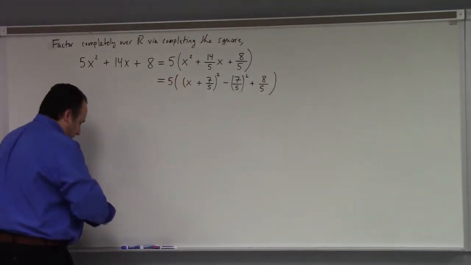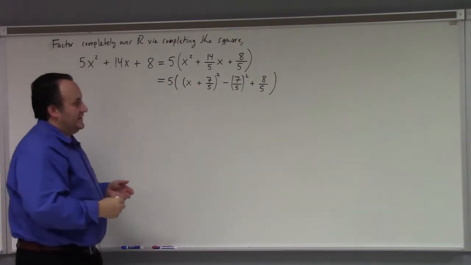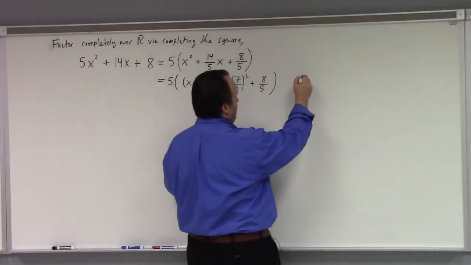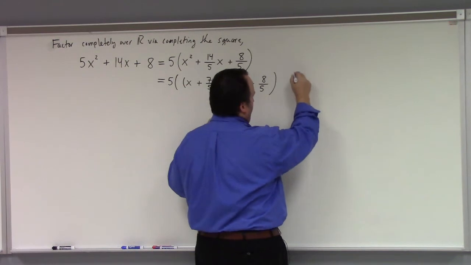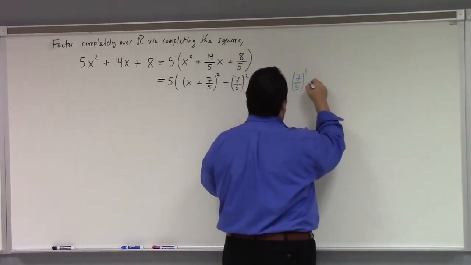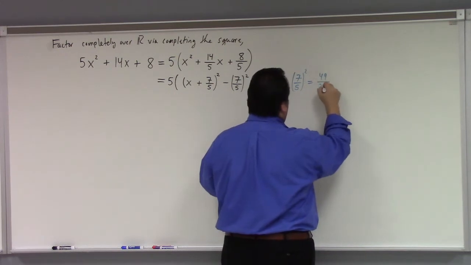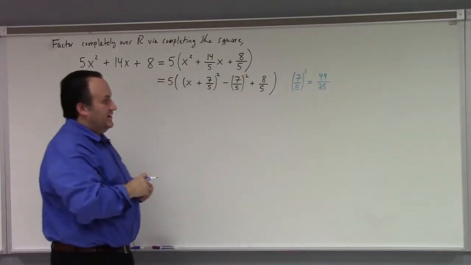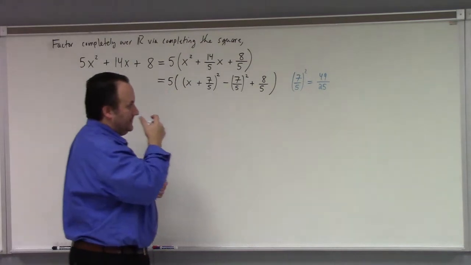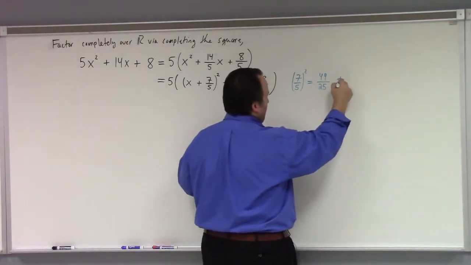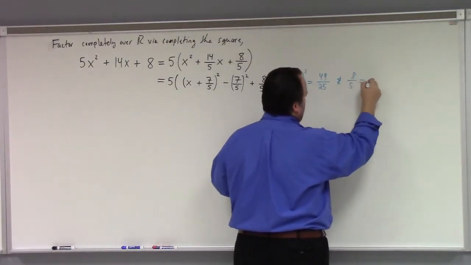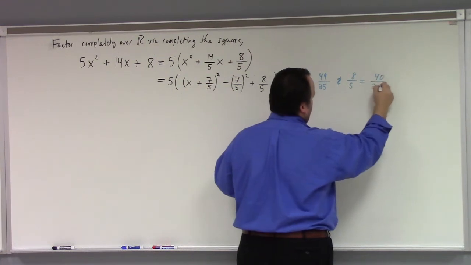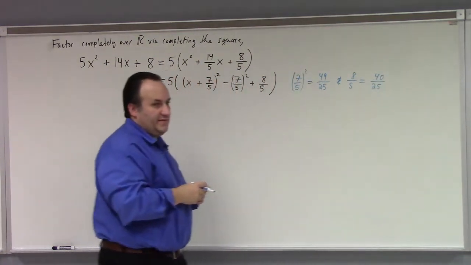Now let me just do a little bit of arithmetic here off to the side. What's 7/5 squared? That's 49 over 25, right? What is 8/5 in terms of 25ths? 8/5 is equal to 40 over 25, if you multiply by 5 over 5.